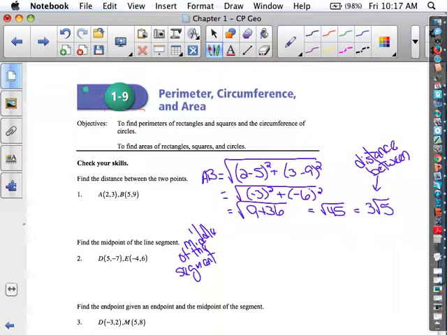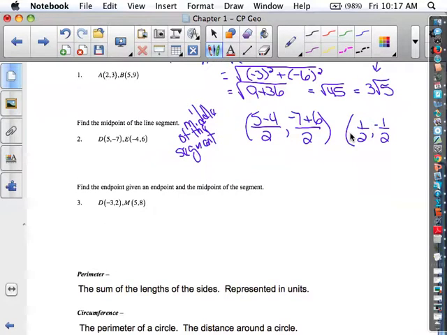And remember, this is just the average, so you're going to take the x coordinates, 5 minus 4, divide by 2, then the y coordinates, -7 plus 6, divide by 2. So we have the middle of this line is at 1/2, -1/2.